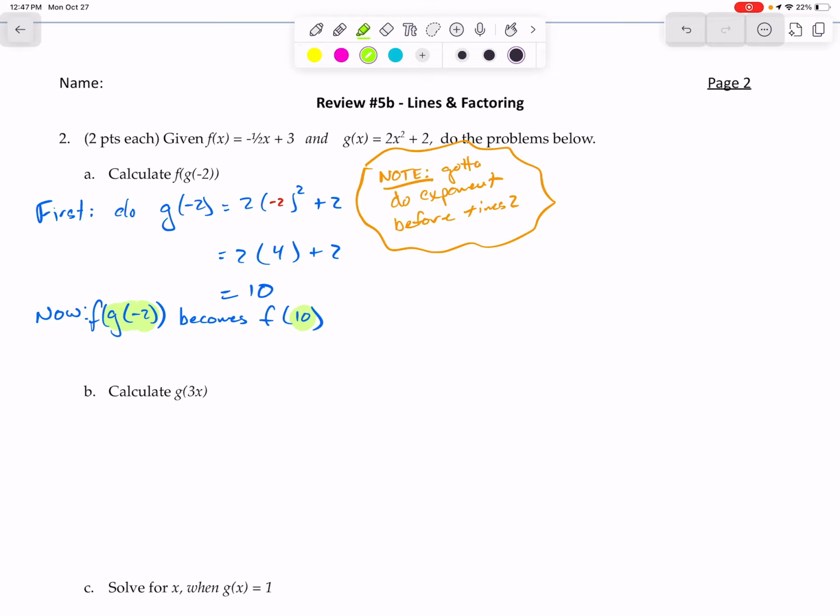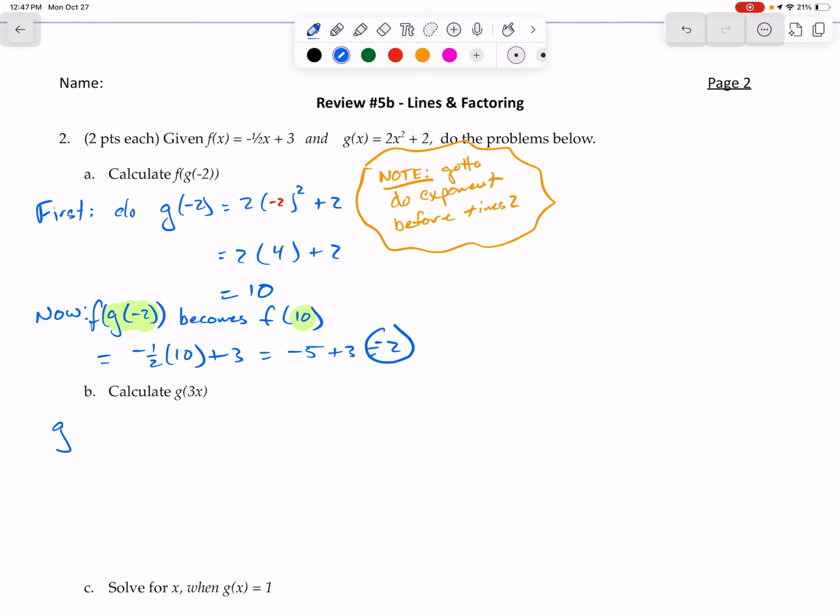So f of 10 is super easy. Minus 1/2 of 10 plus 3. It's minus 5 plus 3 equals 2. Is that what I got before? Wait. Nope, negative 2. There we go.